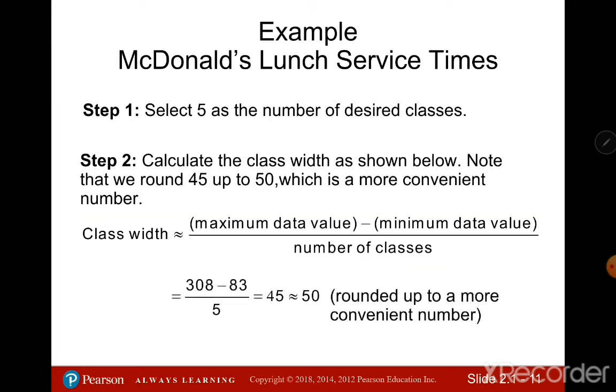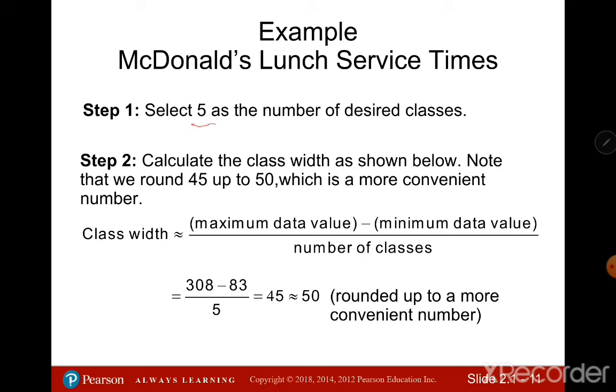After we sorted our values, we find 308 is our maximum value and 83 is our minimum value. So we use 308 minus 83 divided by 5. How can we get 5? 5 is from the first step. 5 is our number of classes.